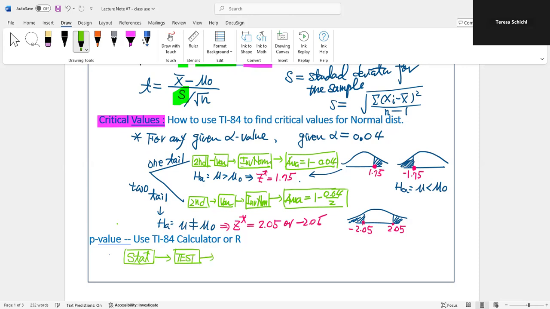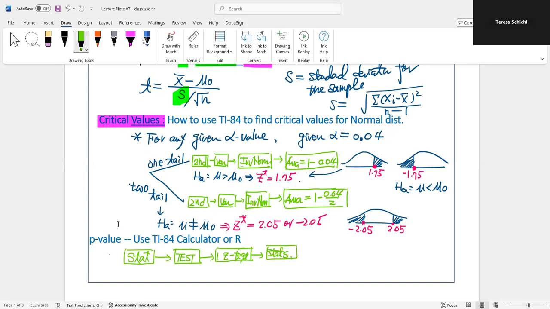Now under the test, we choose number one, z-test. Now under the z-test, we want to input the statistics.